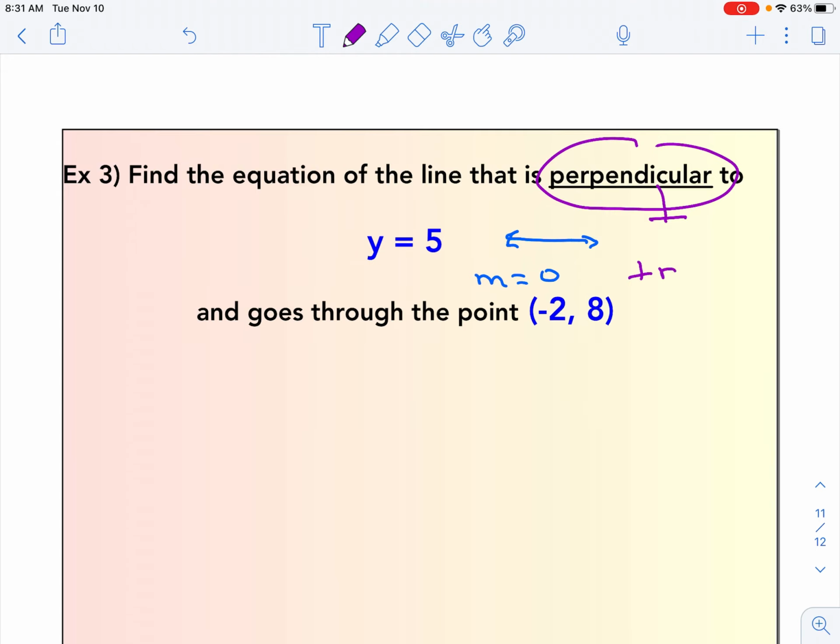So the perpendicular slope is going to be undefined. Okay, so it is going to be a vertical line. So it is going through the x-axis, so it is going to be an x equals line. So all you really need is this x value, and this is the line x equals -2.